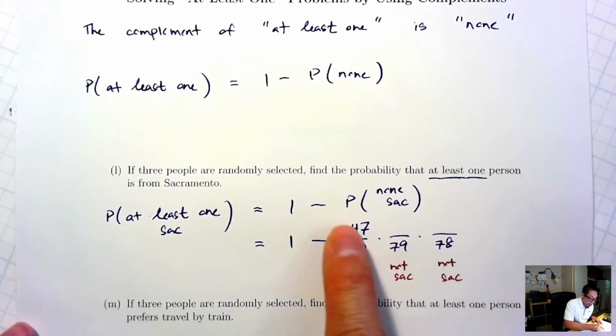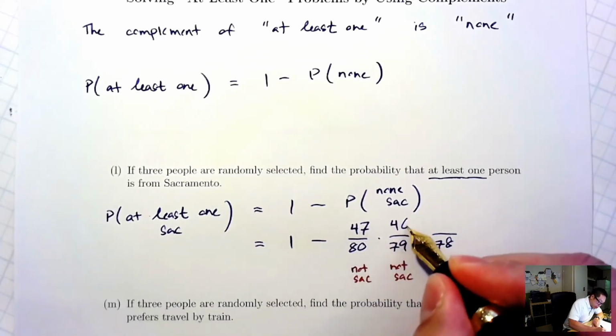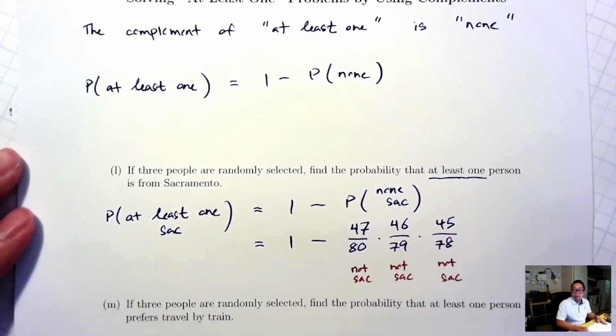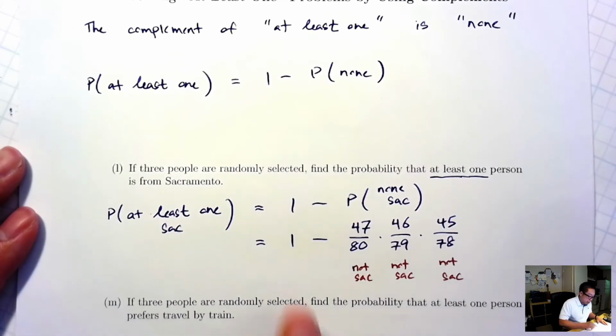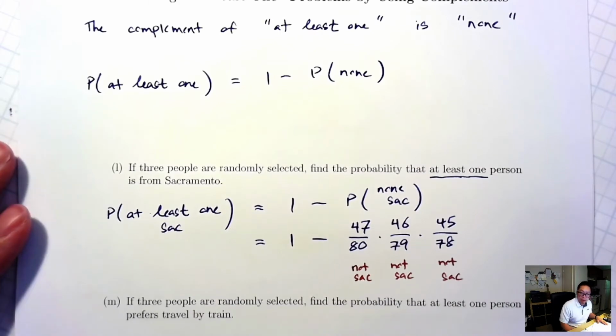So not Sacramento we said was 47, which means the second not Sacramento should be down by 1. It's going to be 46, and then 45. And then that's the probability. 1 minus 47 over 80 times 46 over 79 times 45 over 78.